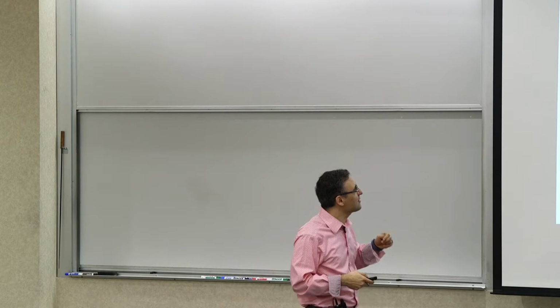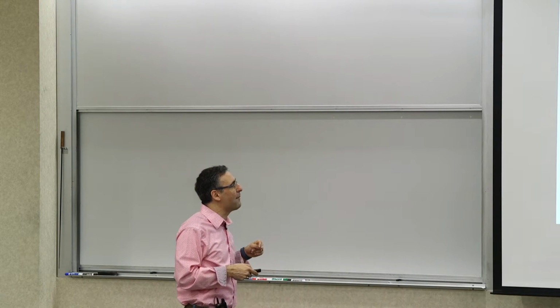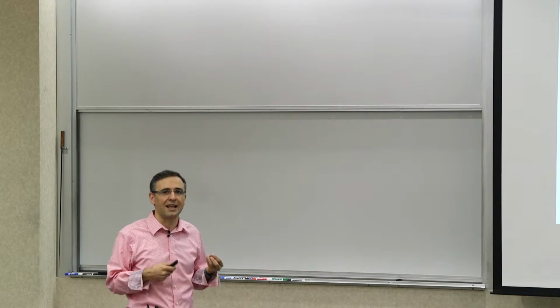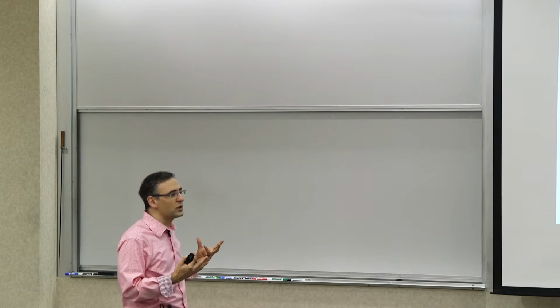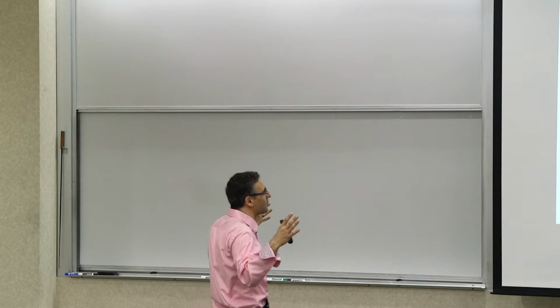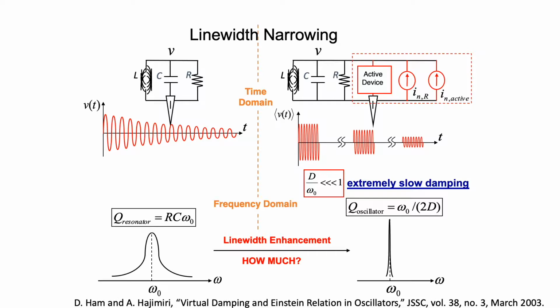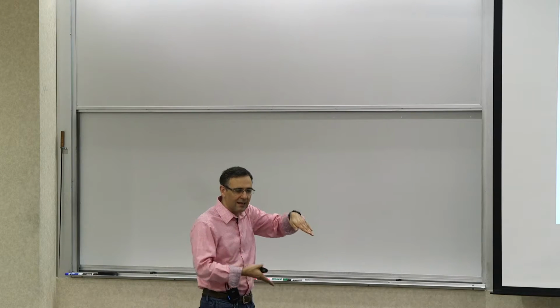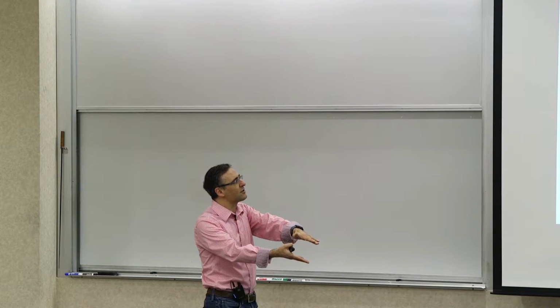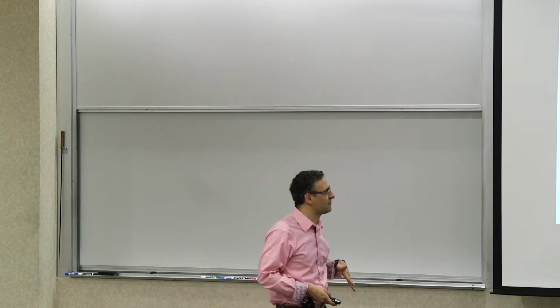This tells you that there's a line width narrowing happening, or line width enhancement, due to this virtual damping. But the line width is not going to be 0, because the expected value of the ensemble still exhibits a decay in the effective average, at a much slower rate.